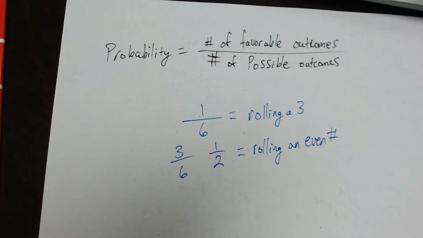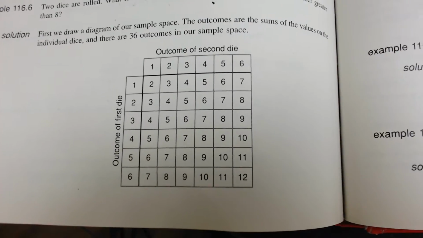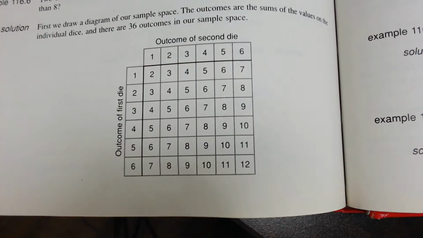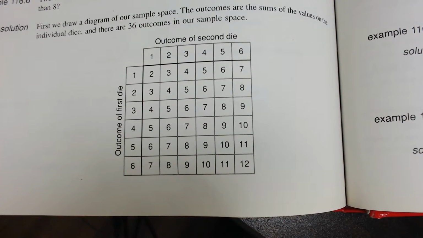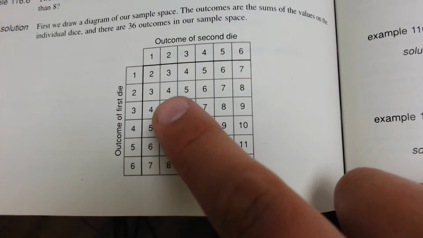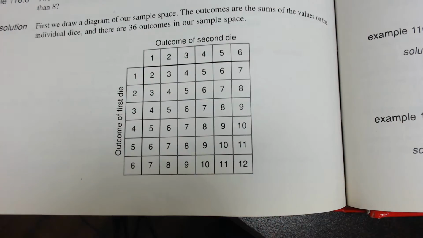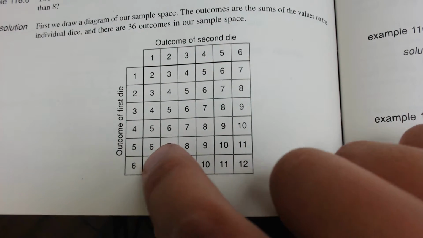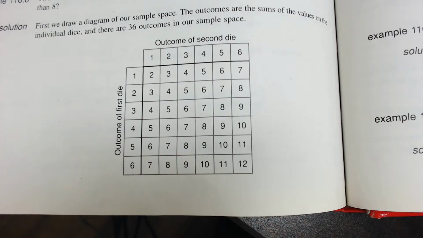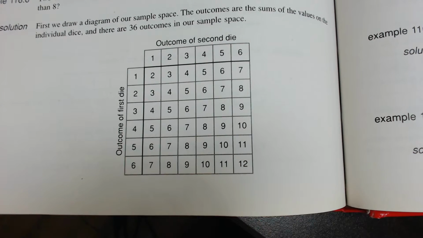It can get a little more complex, like if they use a deck of cards, or if you're rolling 2 sets of dice. If you're rolling 2 sets of dice, there's actually 36 outcomes. You can see that represented by this chart here. So just remember, if they're rolling 2 sets of dice, there's 36 possible outcomes. And if you look at it, there's multiple ways to get certain numbers. For example, the number 6, there's 1, 2, 3, 4, 5 ways to get the number 6, 4 ways to get the number 5, 3 ways to get the number 4, 2 ways to get the number 3.